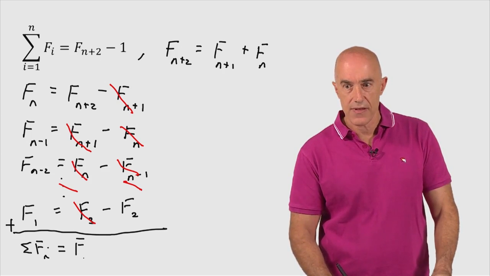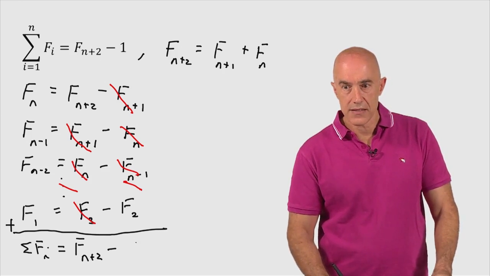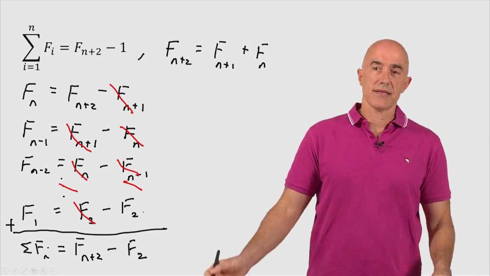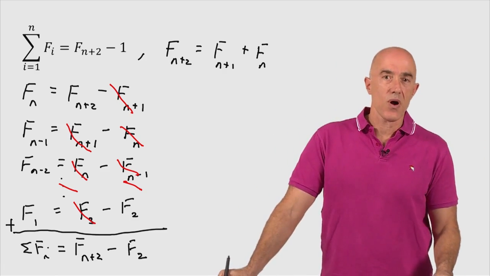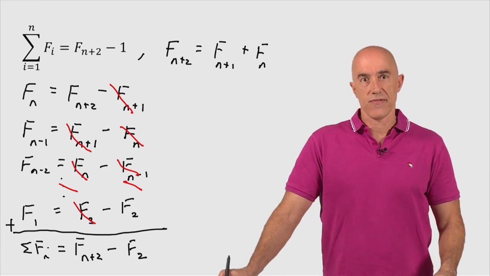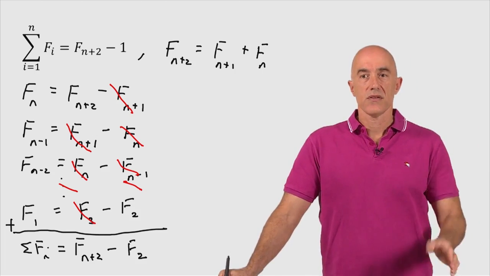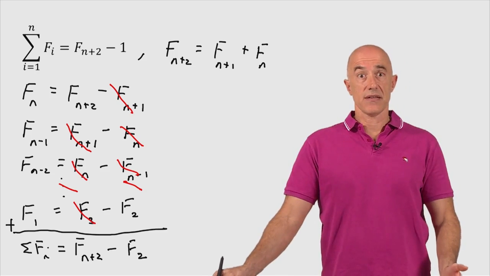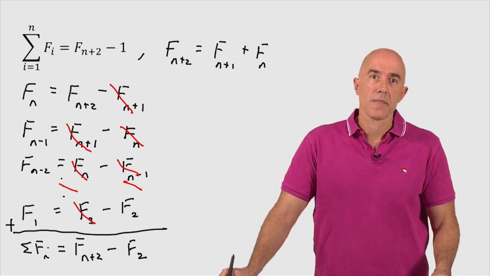We have f sub n plus 2 minus f sub 2, right? Only 2 terms remain. The identity says f sub n plus 2 minus 1, but we know f2 is equal to 1, right? f2 is equal to 1. So by making this list, we've managed to prove the identity, okay?